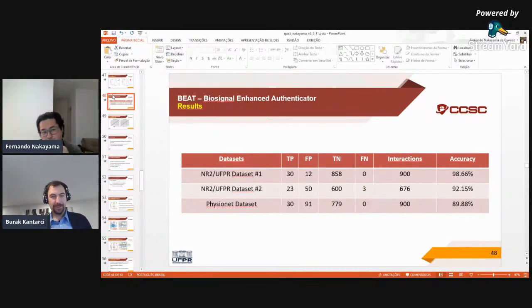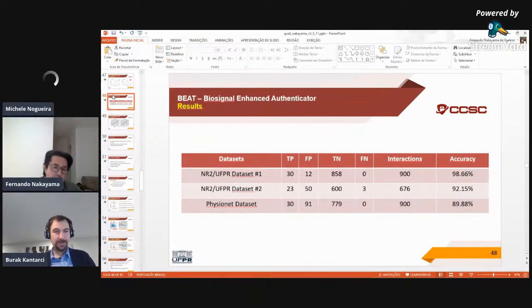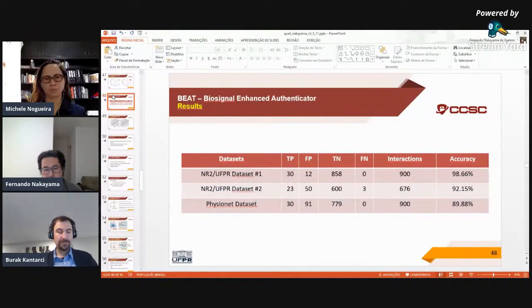It would be probably very different if we had access to some aftermarket device like an Apple Watch, for instance. But we don't have access to the raw data from a smartwatch. So it's very hard for us to get quality sensors, and this probably affects the results very much.